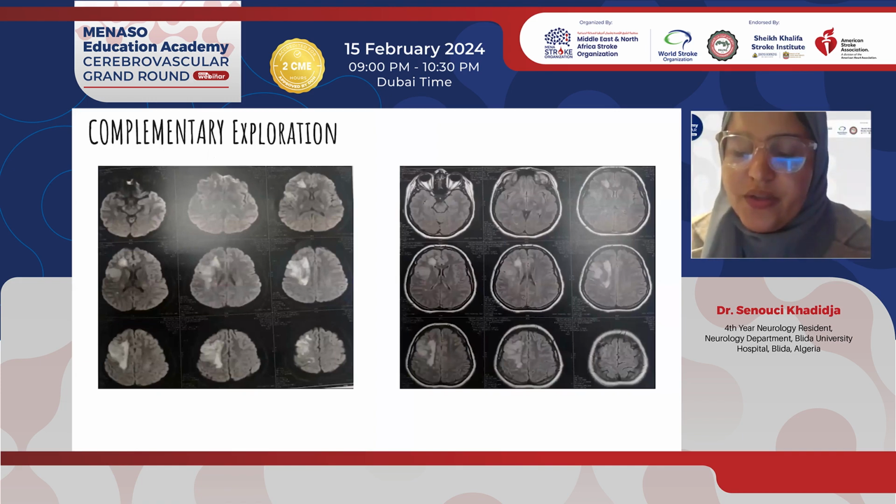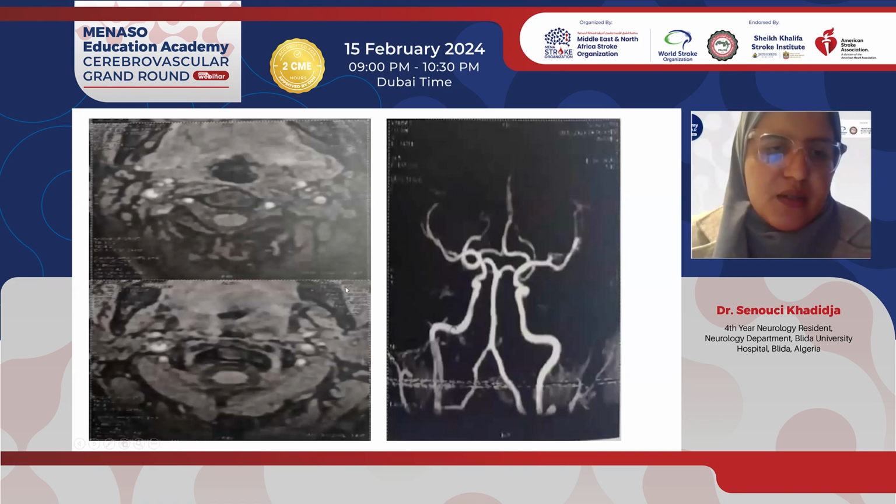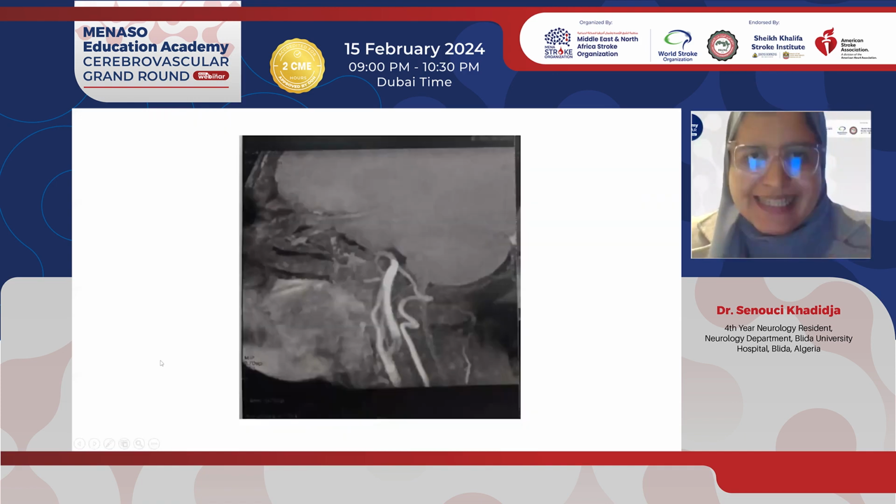On the 3D time of flight sequence, we find a double lumen appearance, suggesting an internal carotid artery dissection, or what we call a flame sign. On the 3D T1 FATSAT, we find a crescent sign, all suggesting that the patient did indeed have an internal carotid artery dissection.